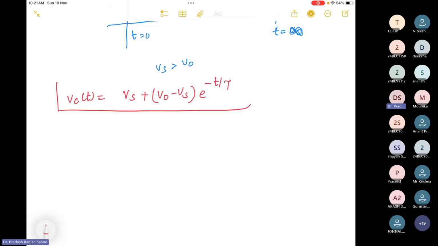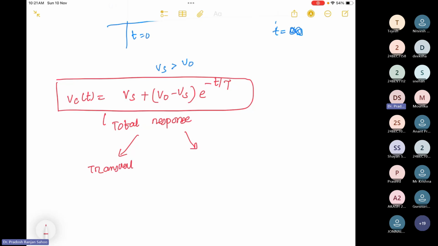This is called the total response. That includes your transient response and steady state response.